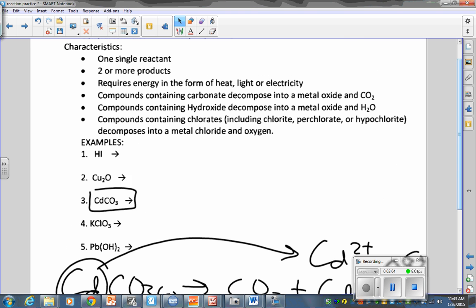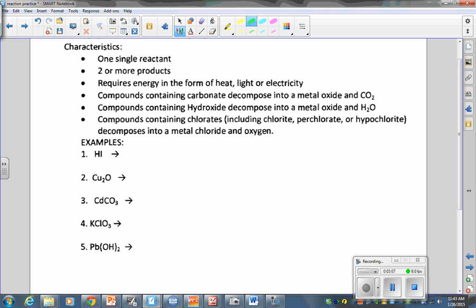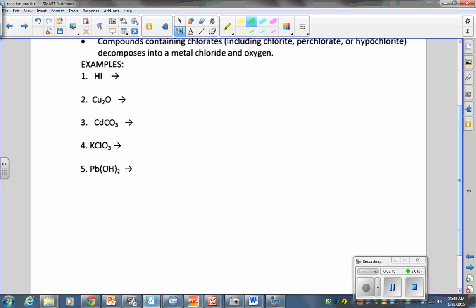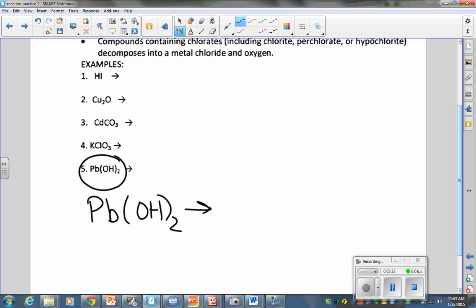Second type is going to be a hydroxide. Hydroxides decompose into a metal oxide and water. So the water is what you really have to memorize. Notice I have lead hydroxide right here, so I'm going to go Pb(OH)2. Automatically, I see hydroxide.